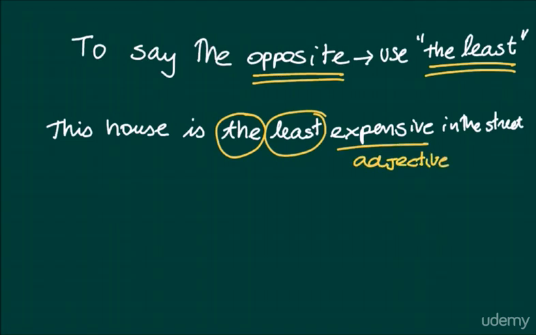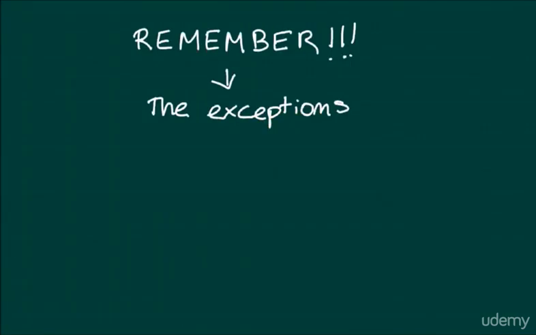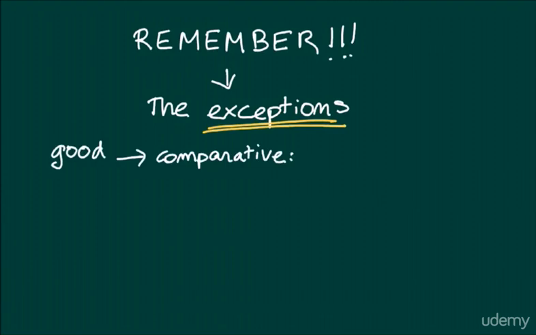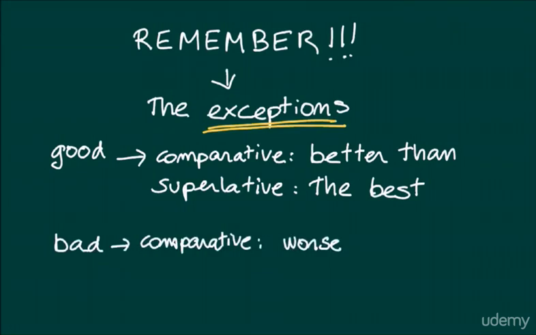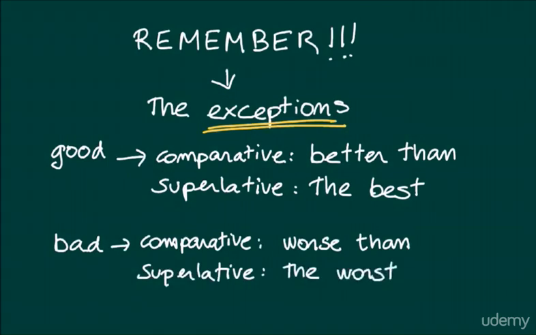Now there is something you have to remember. There are some exceptions. When the adjective is good, the comparative is better than, and the superlative is the best. When the adjective is bad, the comparative is worse than, and the superlative is the worst.